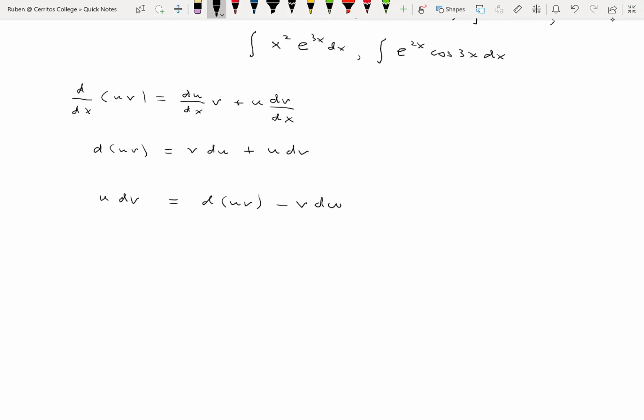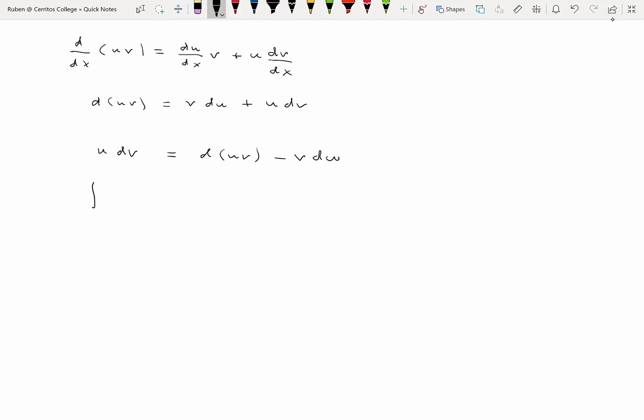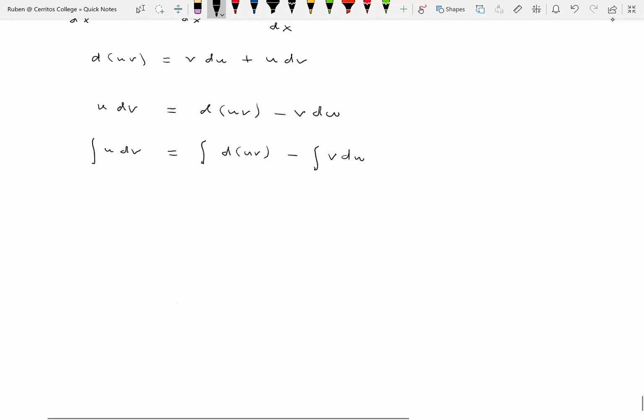Okay, now I want to integrate both sides. The integral of u dv is equal to the integral of d(uv) minus the integral of v du. And finally, that middle integral we can simplify.